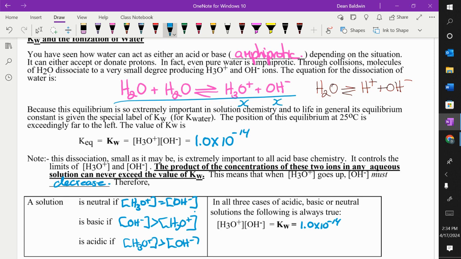They have to be the same. Does that make sense? So that means it's like X times X. So what's the concentration of H3O plus and OH minus in just water at 25 degrees or whatever the temperature is? You're going to square root 1.0 times 10 to the minus 14, which is 1.0 times 10 to the minus 7.